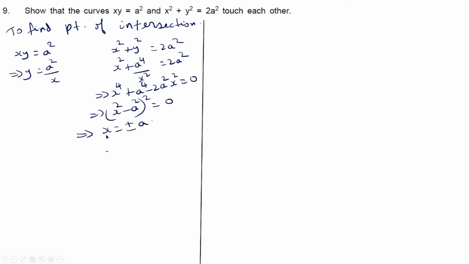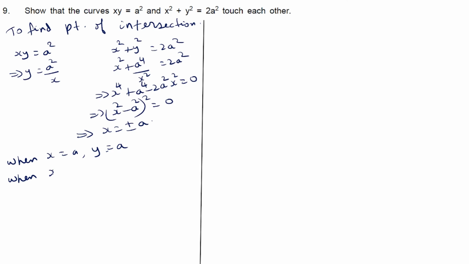So now we need to find when x is a what is y, and when x is minus a what is y from here. So when x is equal to a, y is equal to a square by a, so it is a.